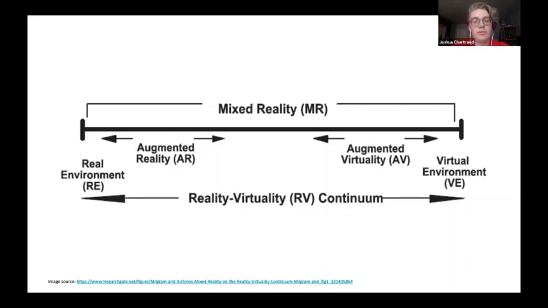So if you think of Pokemon Go, that's an AR experience. And then there's also something called augmented virtuality, and that's where you're in a virtual environment, but those virtual objects are affected by things in the real world, usually some sort of data that affects what you see virtually.